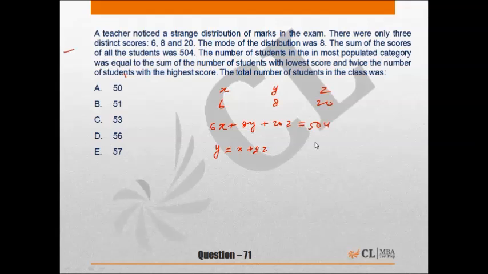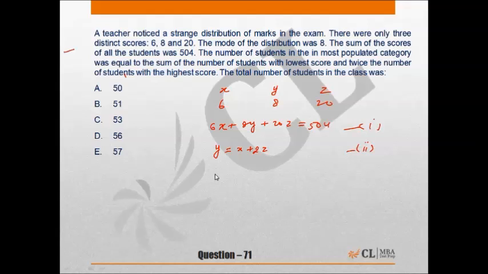So we have two equations and three variables, and all the variables in these two equations are natural numbers.